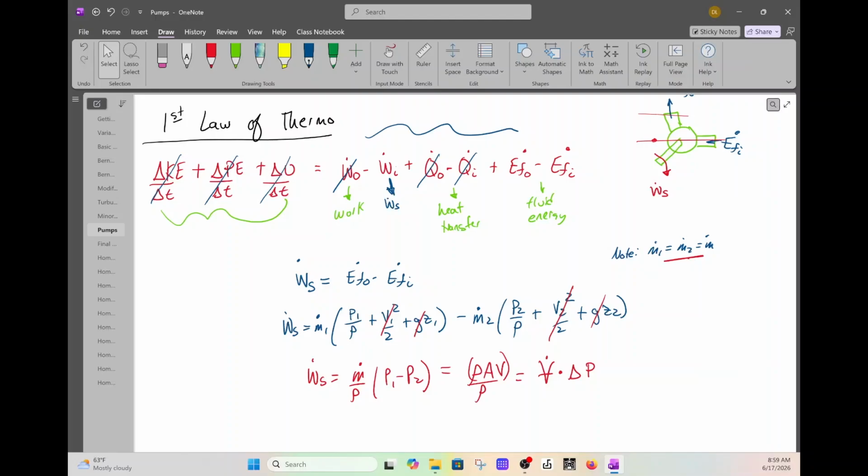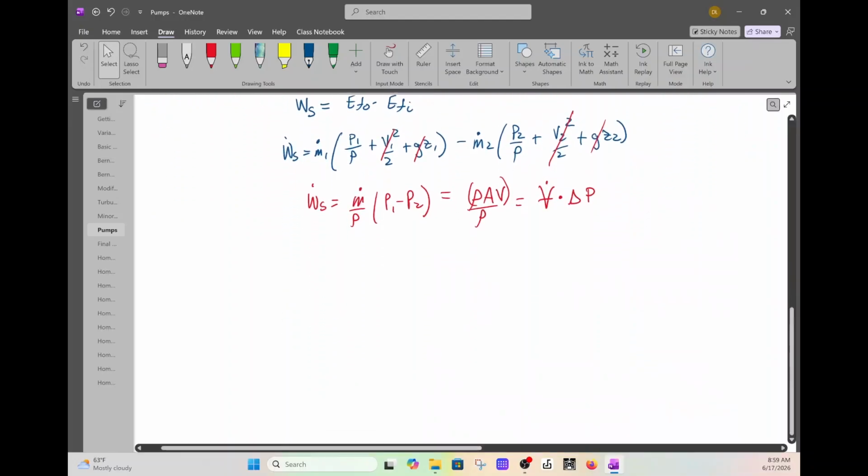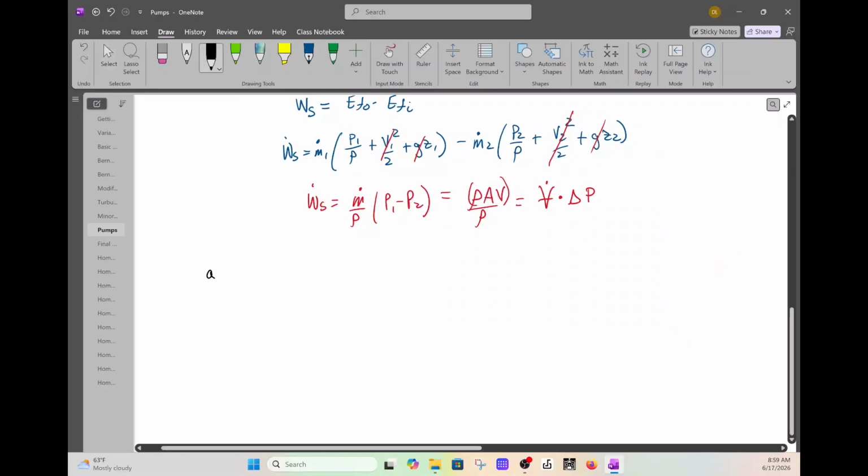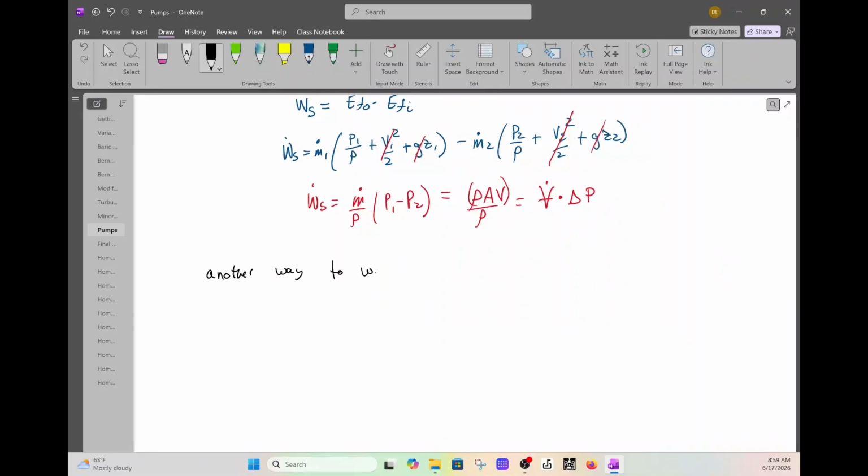Okay. Now, you might not see this in fluids, particular. You can actually see this. There's another way to write fluid energy. Watch.